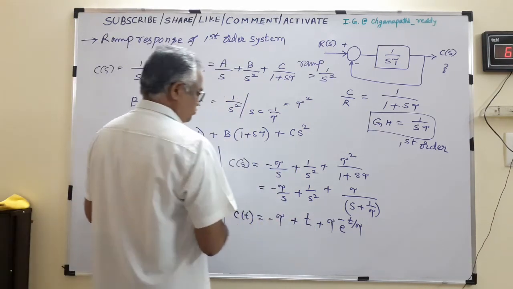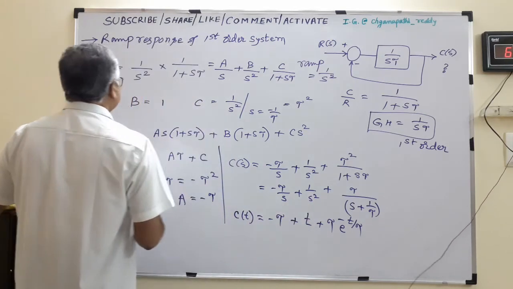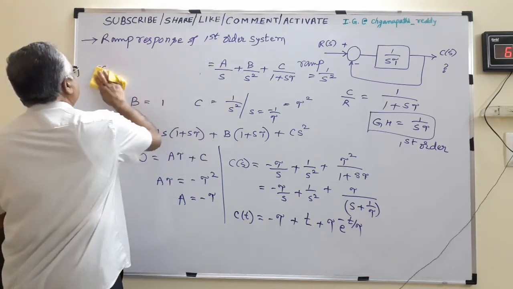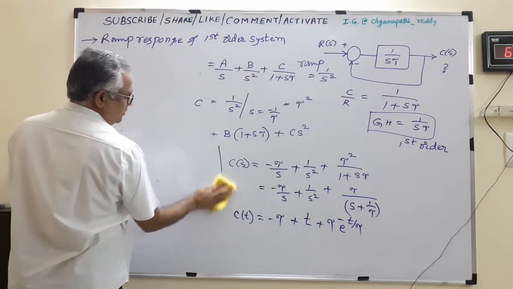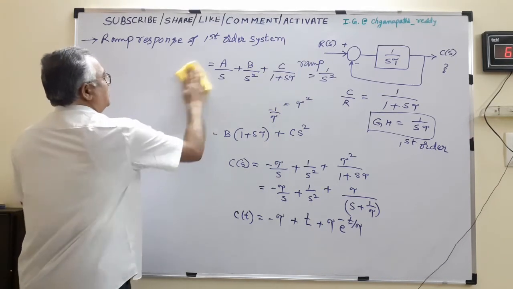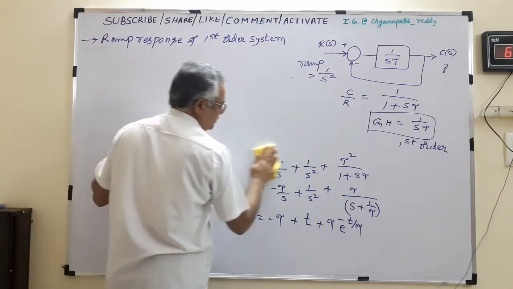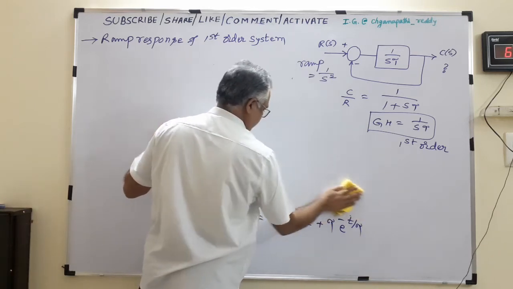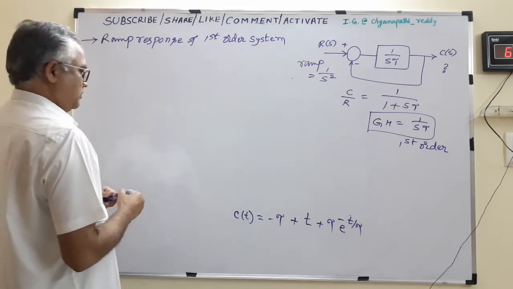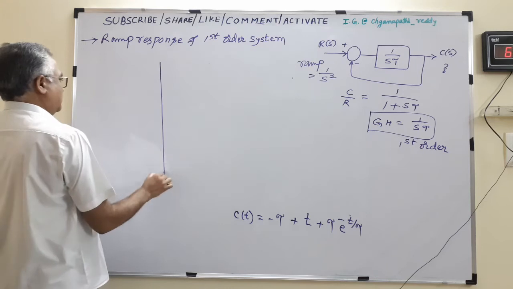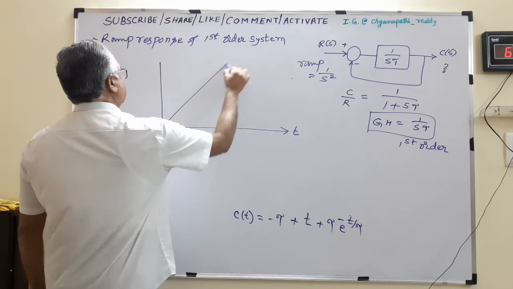This response we have to draw the plot. How is the plot of this? Input is a ramp.